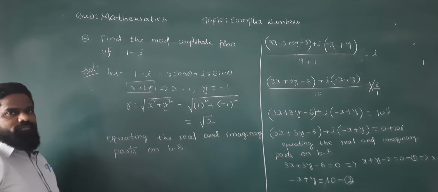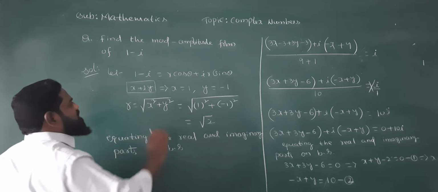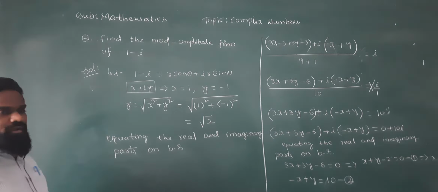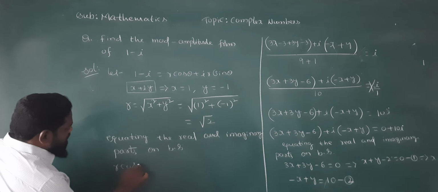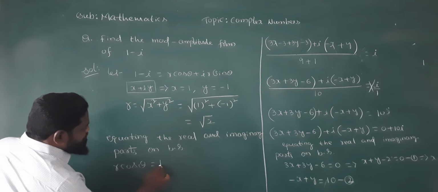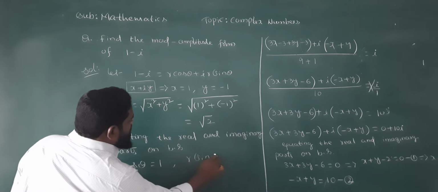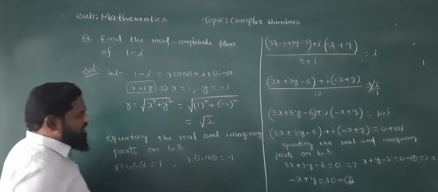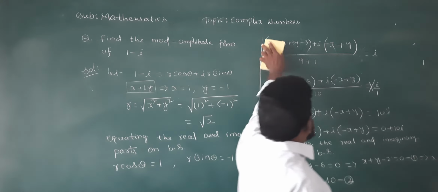What is the real part on the left side? 1. What is the real part on the right side? r cos theta. So r cos theta is 1, and r sin theta is equal to -1. These are the real and imaginary parts.